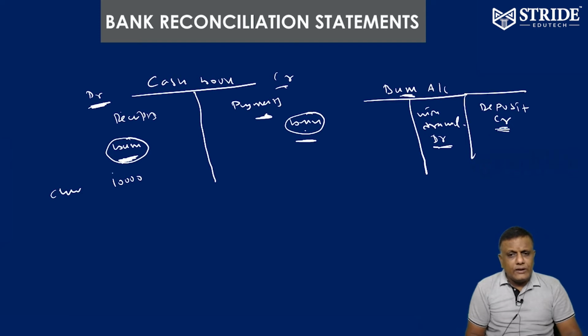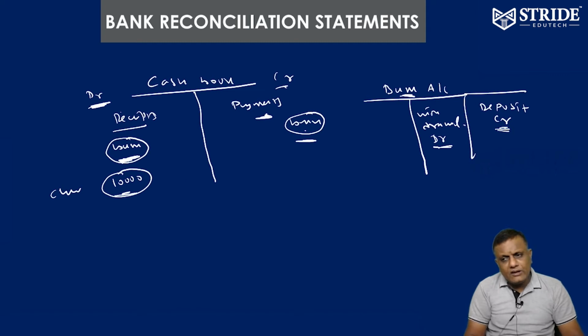So, today I just received a check of 10,000. Once I receive the check, I debit the bank account in my cash book in my office, which means check received. But if you go and check your bank account today, it is not credited, because we have not yet deposited it in the bank account.